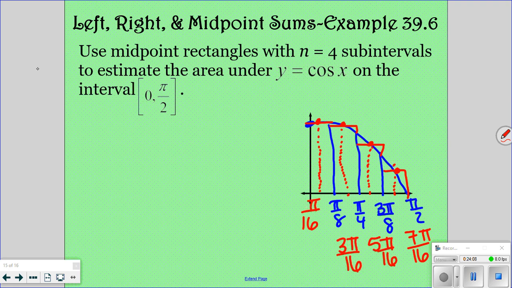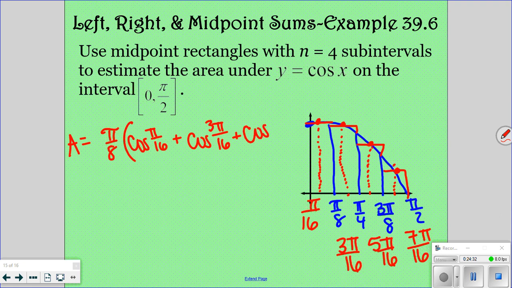So our length is going to be from 0 to pi/8, so pi/8, and then we're going to use pi/16, 3pi/16, 5pi/16, and 7pi/16 in our calculator. So cosine of pi/16 plus cosine of 3pi/16 plus the cosine of 5pi/16 plus the cosine of 7pi/16.